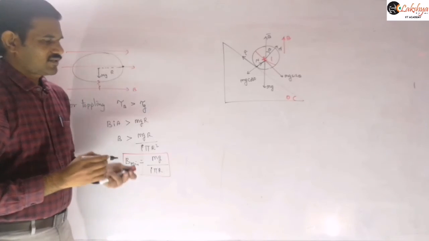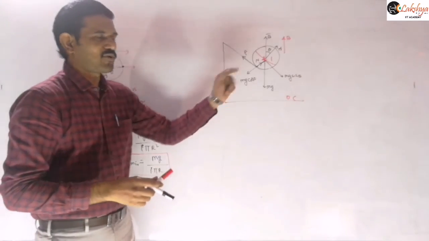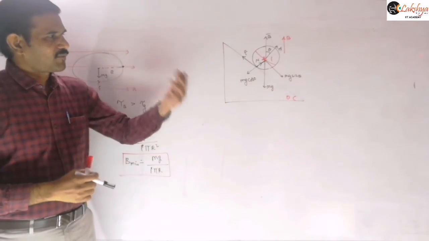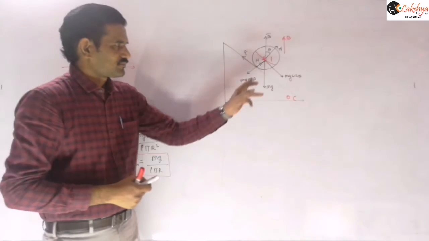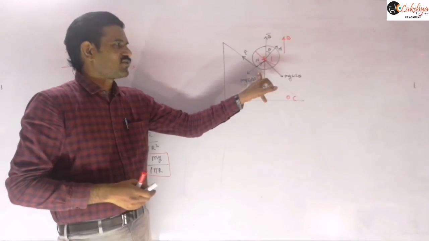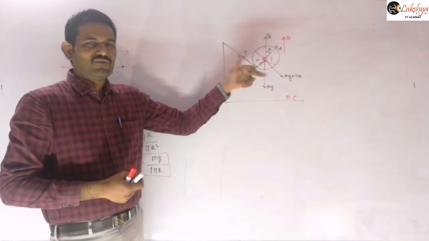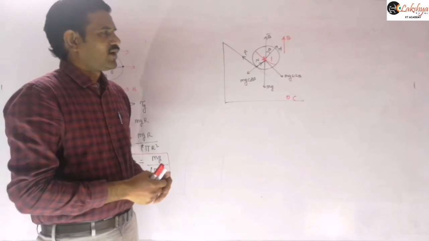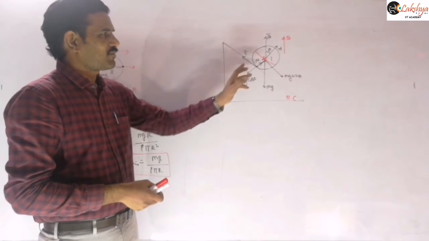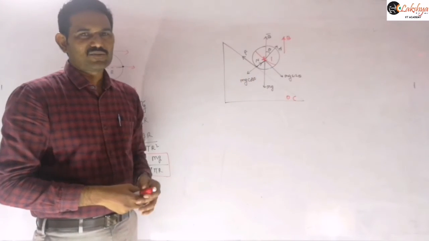So now I am applying the torque, balancing the torque about this point of contact, because if you apply it about any other point, then the torque due to friction and the torque due to the normal reaction will be included, and it will be difficult to calculate. So instead of that, I am applying the torque about this point of contact.